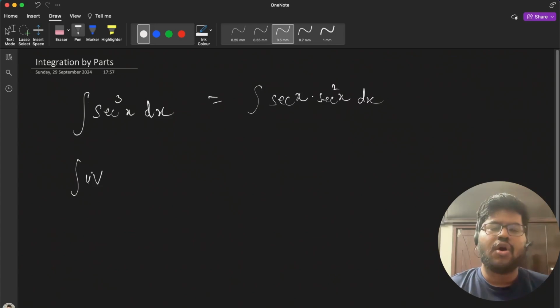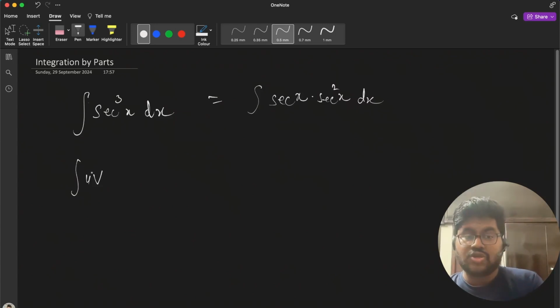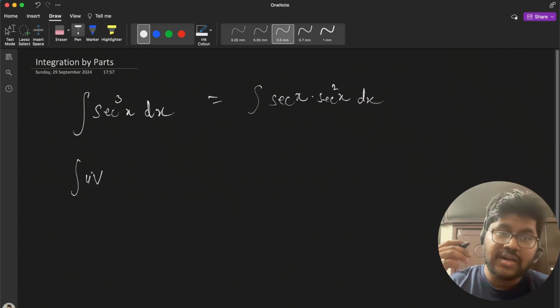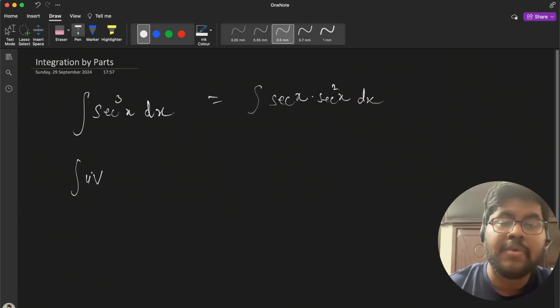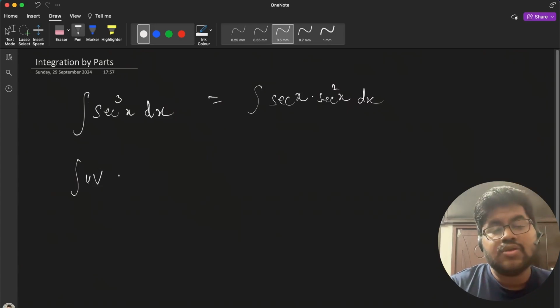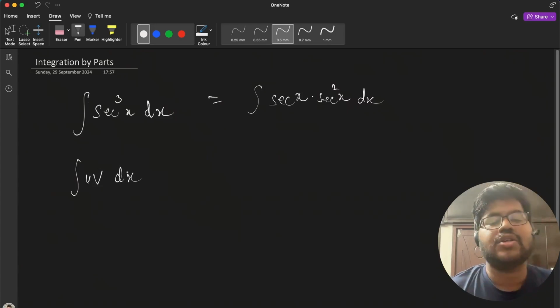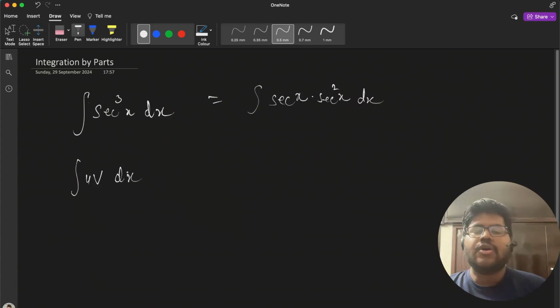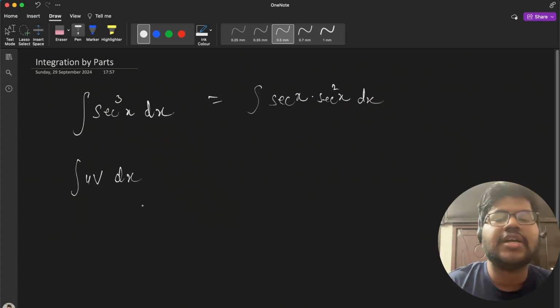If we recall the case of differentiation, at that point we saw the UV rule or the product rule. Similarly, in the case of integration also there is a UV rule, and that rule is known as integration by parts.